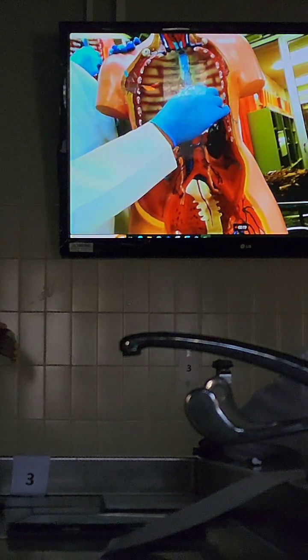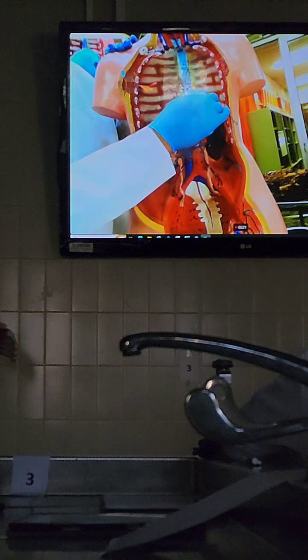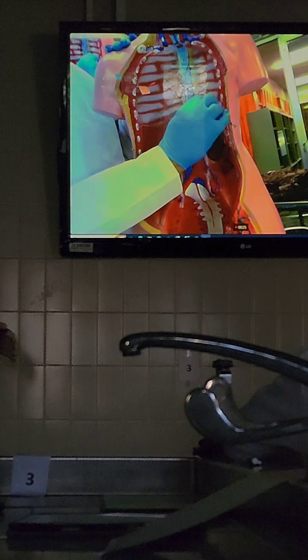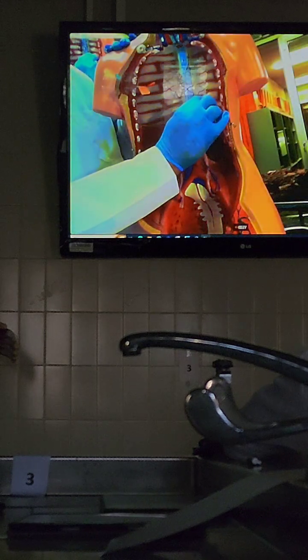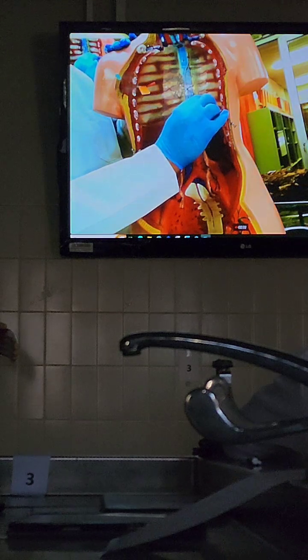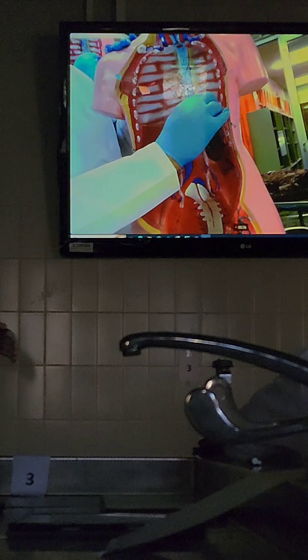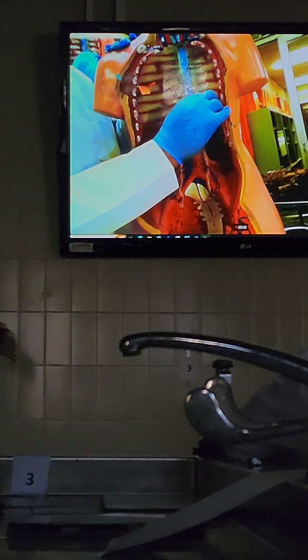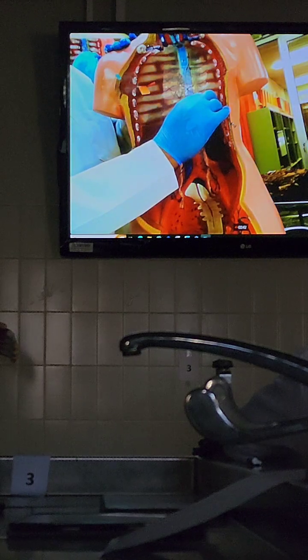But here, the yellow mark denotes the intercostal nerves. And if I'm not pointing to the yellow intercostal nerve, I will point aside of it. This is the posterior intercostal membrane, also called internal intercostal membrane.